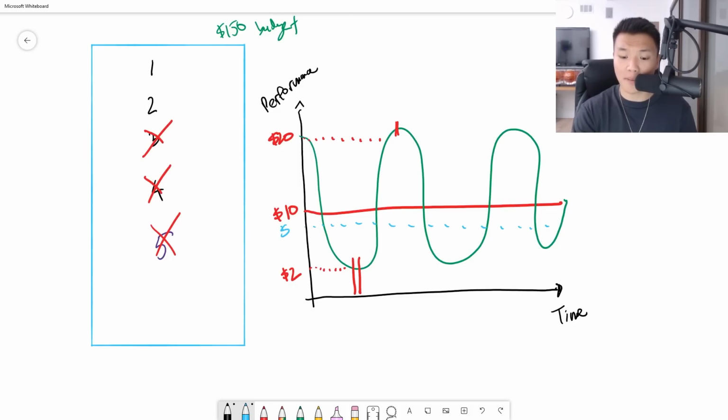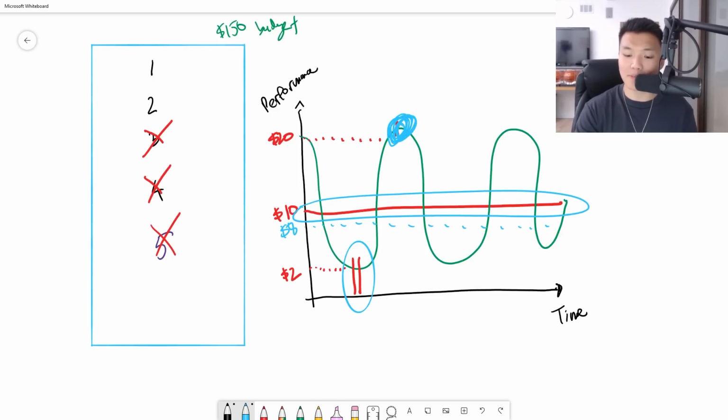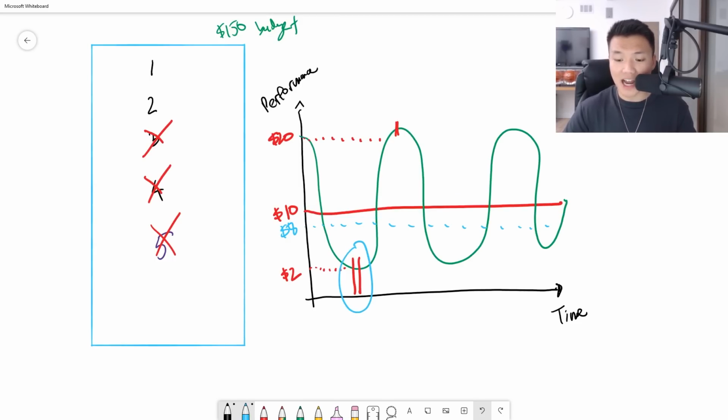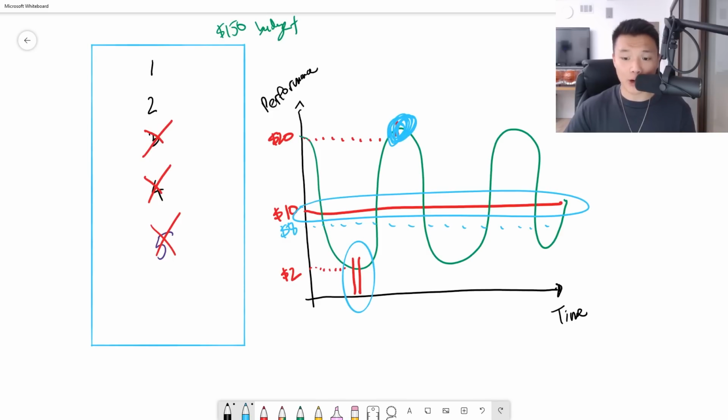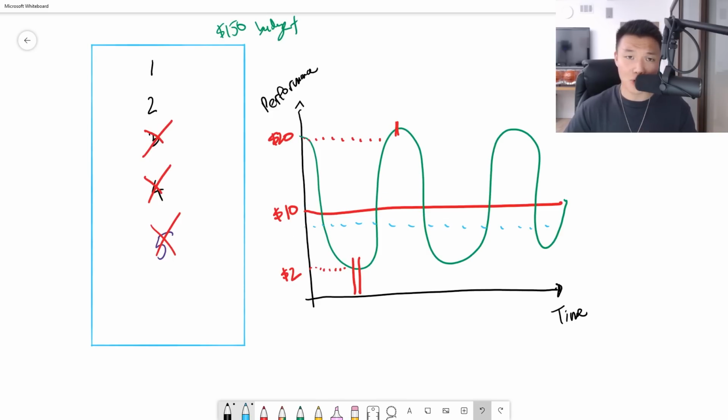So your true performance is pretty bad. But because you over-indexed on this particular day, bam, you just lost a lot of money up here. And in the long term, you're also going to lose money because your true performance is actually $10. The flip side works as well: instead of scaling, you're cutting way too early. So that's why I like those rules of a 3-day cut and a 7-day scale. It's because Facebook is very volatile.